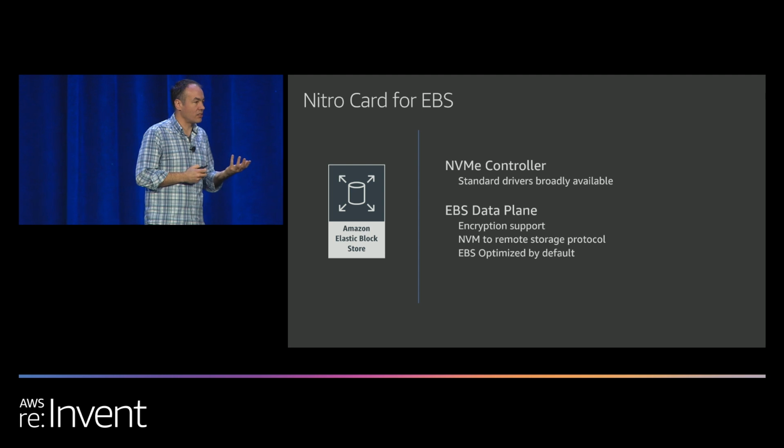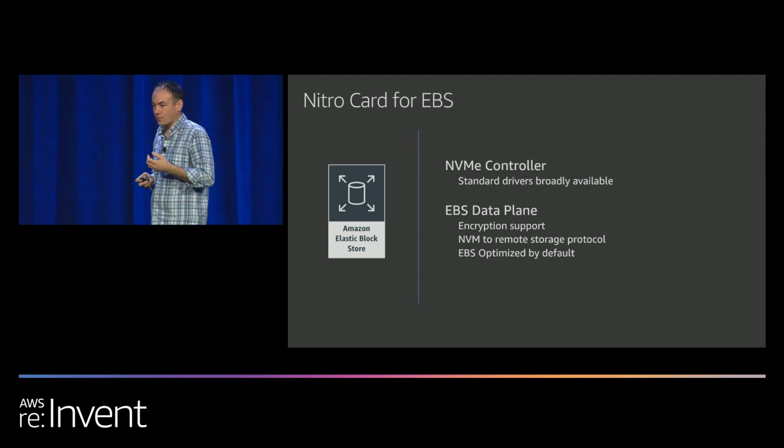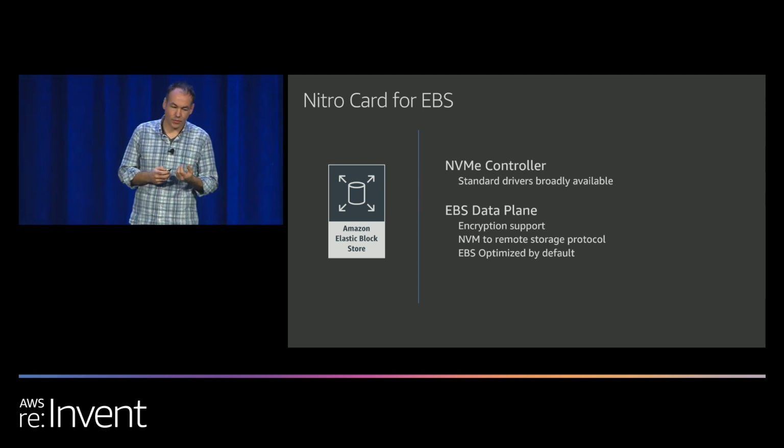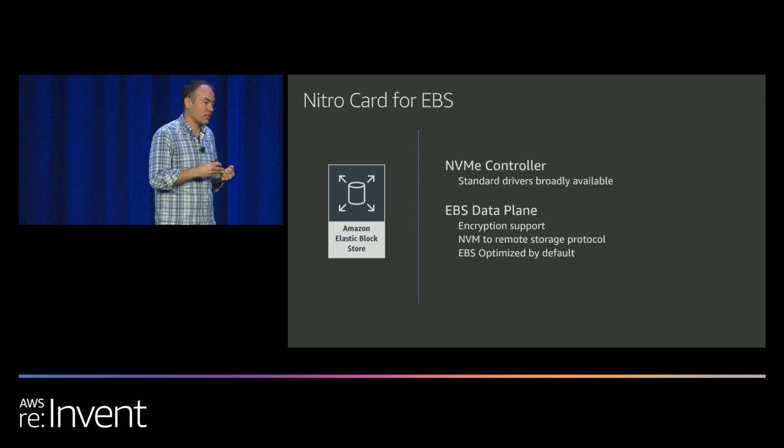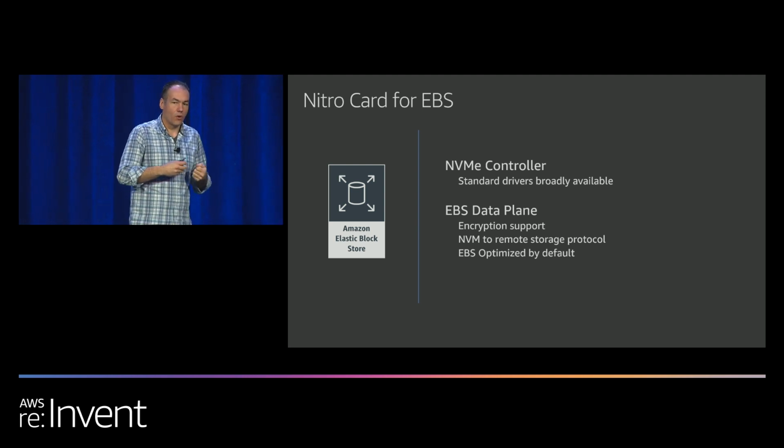So we've had these in our instances since the C4, but we didn't expose it directly. And one of the reasons why is that the NVMe interface that we presented back in 2014 when we launched C4 wasn't mature.